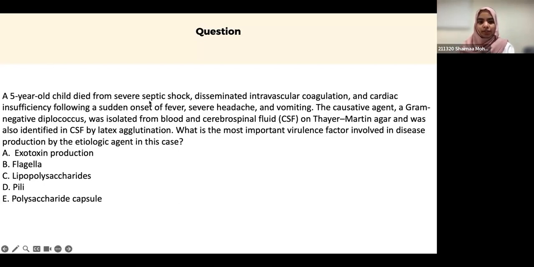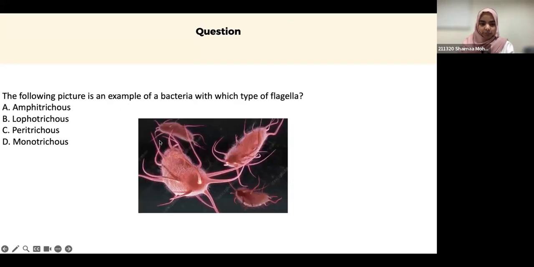But the most important thing that caused septic shock, DIC, fever, and all of that is the lipopolysaccharides, which contains lipid A, which is the endotoxin. It's important because they said which one is the most important in this case. In this case, the severe thing was the septic shock. He didn't die from meningitis. He died from the septic shock and the DIC. So the answer here is lipopolysaccharides.